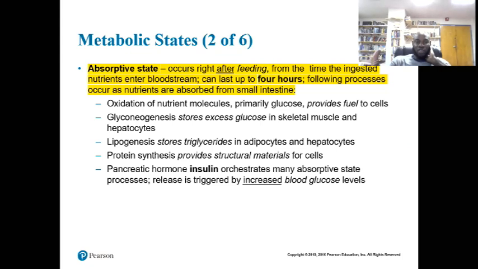Oxidation of nutrient molecules; glycogenesis stores excess glucose, we form glycogen, in your skeletal muscles and your hepatocytes, your liver. Lipogenesis stores triglycerides, fat, in adipocytes and hepatocytes. Protein synthesis, we build proteins, and the pancreatic hormone insulin orchestrates many of these absorptive state processes.